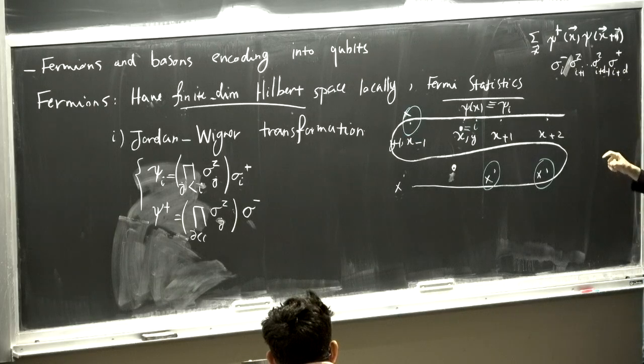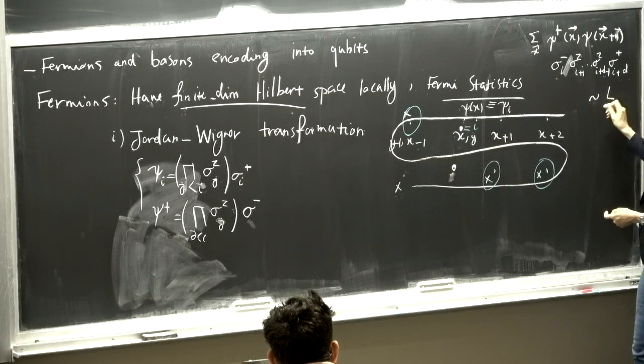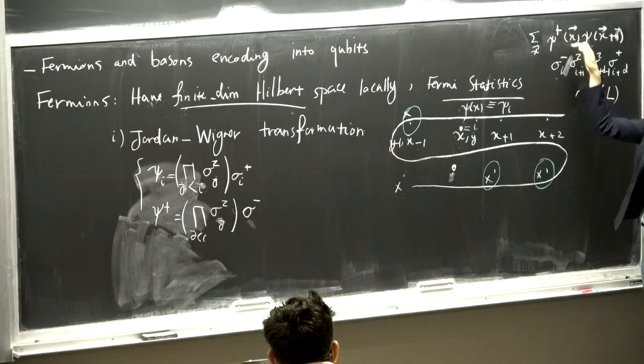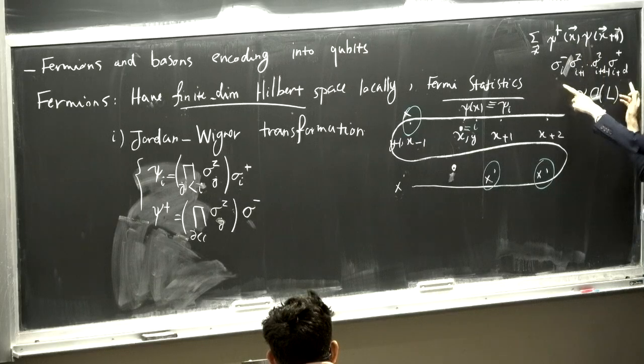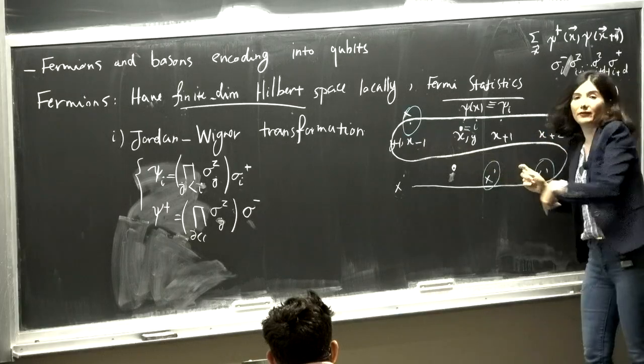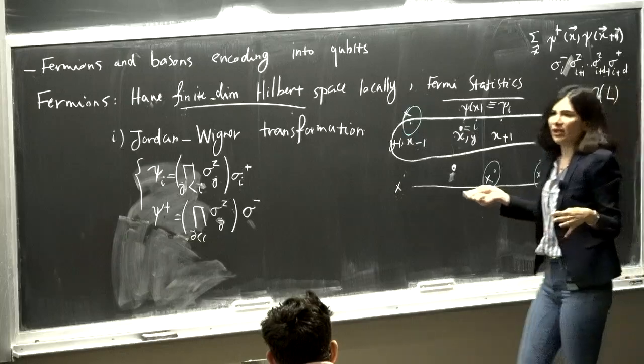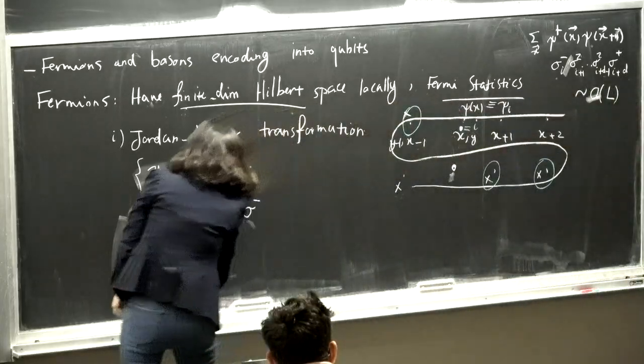And by the way, this goes like the length of your lattice. So you turn the nearest neighbor interaction to an interaction on the qubits that could be as large as at least one length of your lattice. Okay? And that's why it's called a non-local mapping.